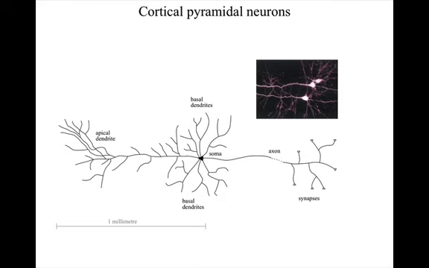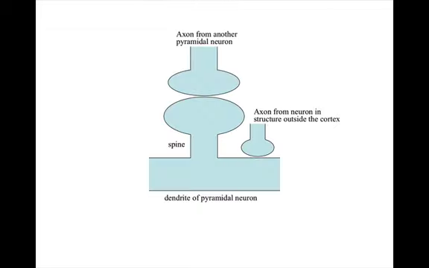Pyramidal neurons use the neurotransmitter glutamate, so they're classified as excitatory neurons. And pyramidal neurons also occur in the hippocampus, which, as I mentioned, is in some ways an extension of the cortex. And similar neurons also occur in parts of the amygdala, but they're not found in other structures.